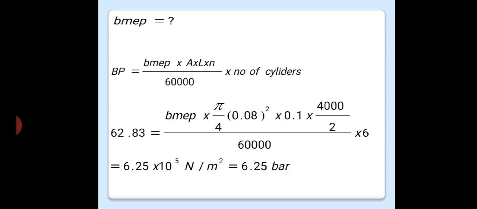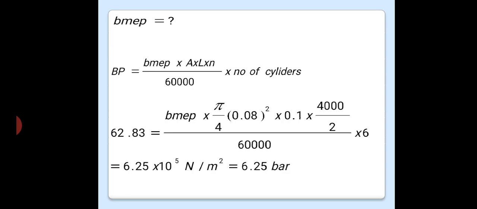Area we know that pi by 4 d square. L they have mentioned in the problem. N, number of strokes, they have given. So in this problem we have to take n is equal to N by 2. Number of cylinders is 6.